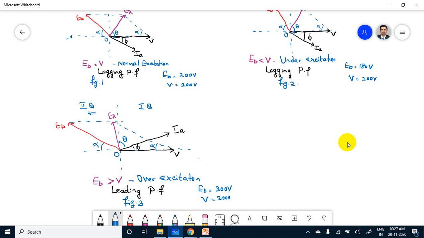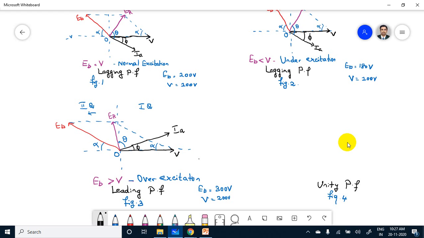Now the figure 4, which is for unity power factor. In a synchronous motor, normally the unity power factor takes place with resistance parameters. But in synchronous motors we have two windings, one in armature and another in field, so in both windings the resistance is available.